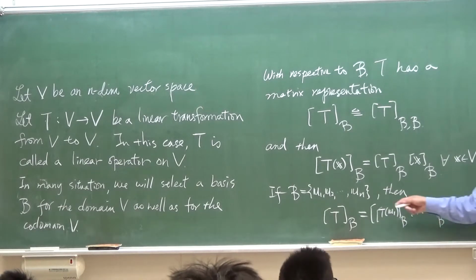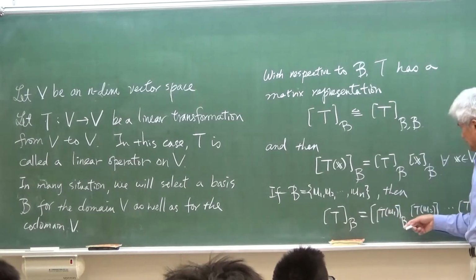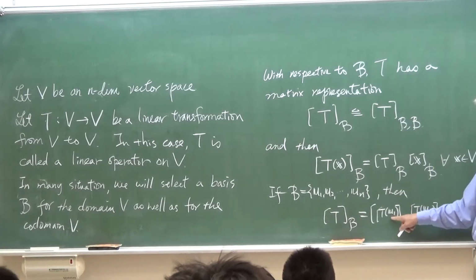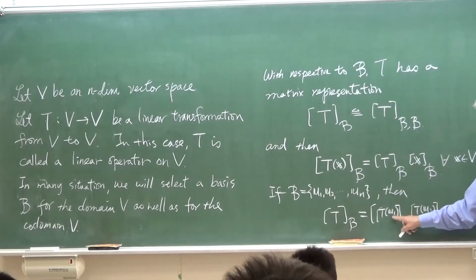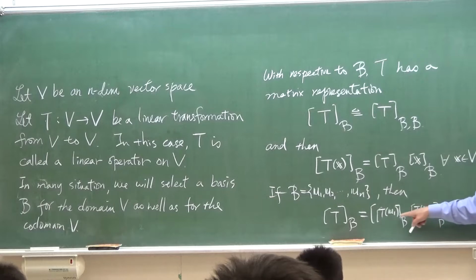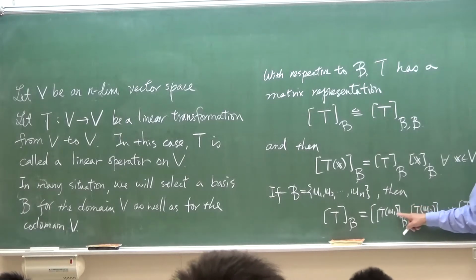The columns of this matrix representation are just the images of the basis vectors in B, the image of all the basis vectors in B, but you take the B-coordinate.